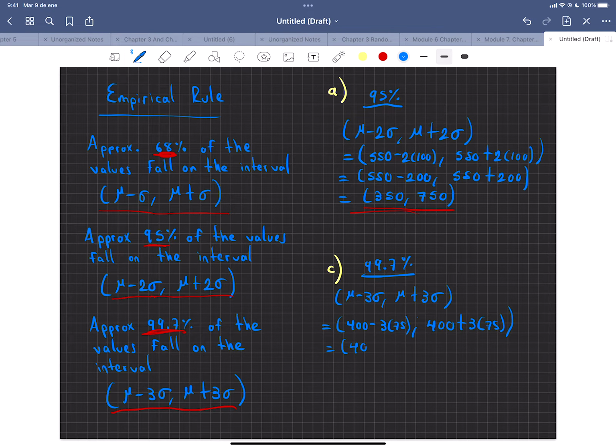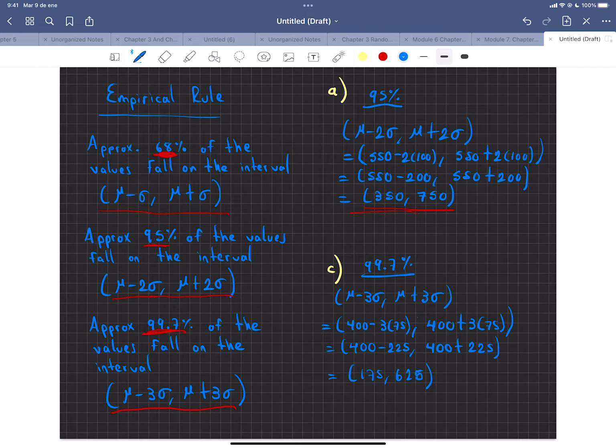This becomes 400 minus 225, comma, 400 plus 225. Then subtract, it is 175, comma, 625.